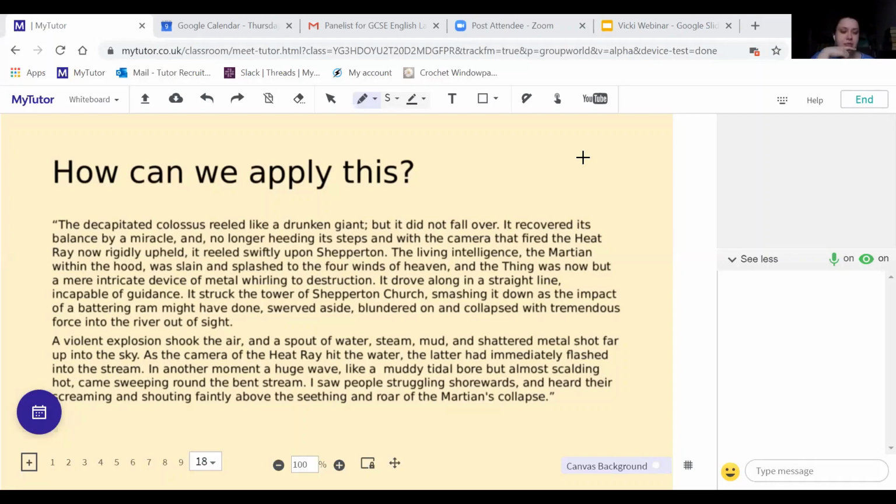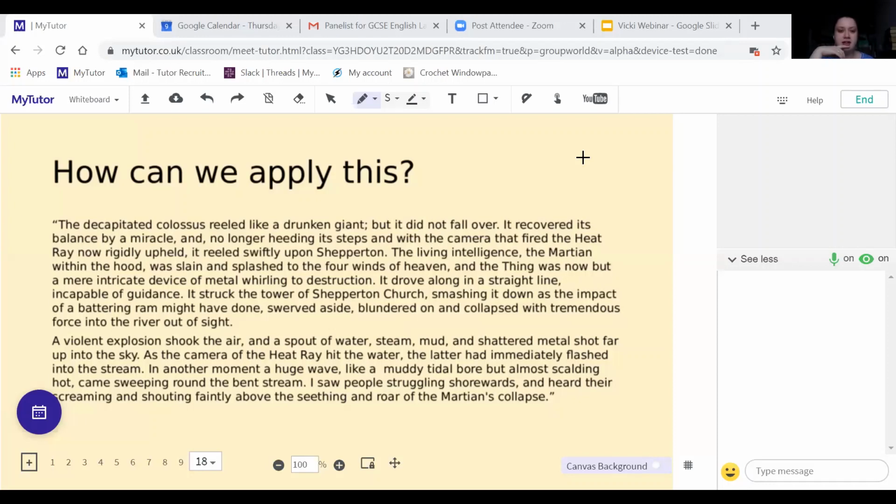Right. So the decapitated colossus reeled like a drunken giant, but it did not fall over. It recovered its balance by a miracle, and no longer heeding its steps, and with the camera that fired the heat ray now rigidly upheld, it reeled swiftly upon Shepperton. The living intelligence, the Martian within the hood, was slain and splashed to the four winds of heaven, and the thing was now but a mere intricate device of metal whirling to destruction.